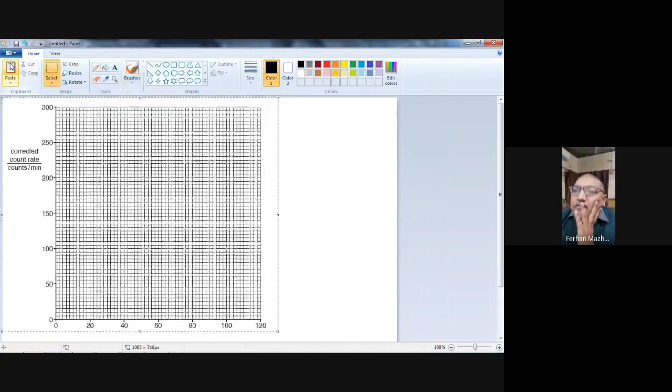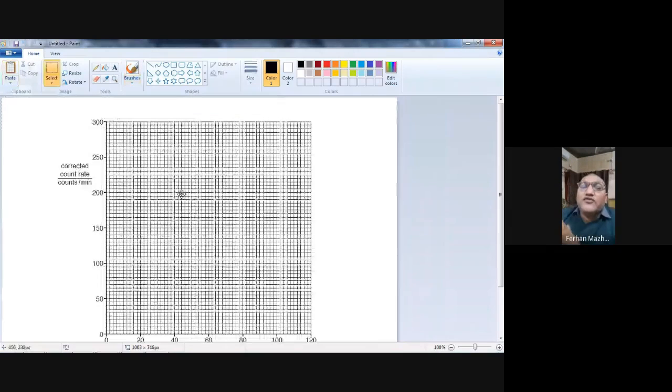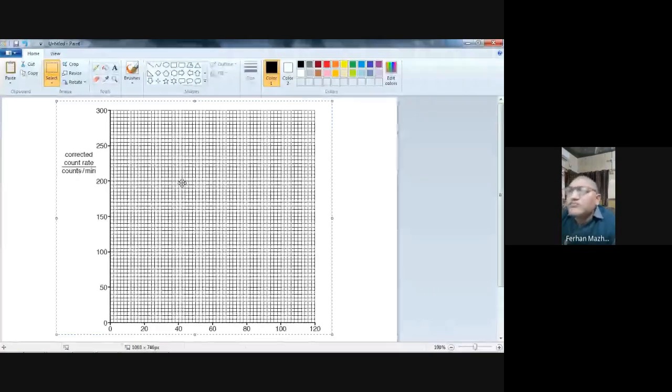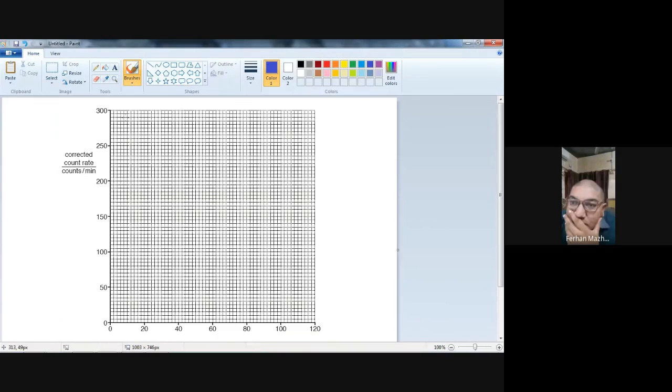Now we have to draw a graph of the half-life. You know, after one half-life, the count rate will drop to half. So let me draw this with blue color.